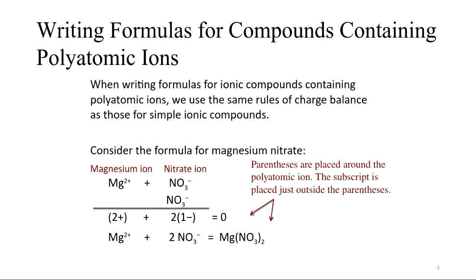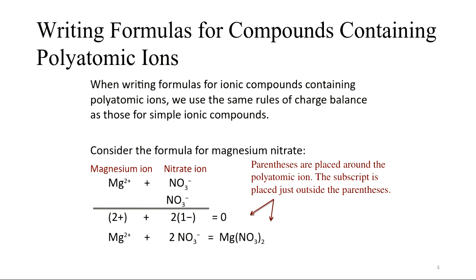First step, I write the metal, which is positively charged. The second step, I write the nonmetal, which will be the polyatomic ion. And then I balance the charge, so the overall charge on this compound must be 0.